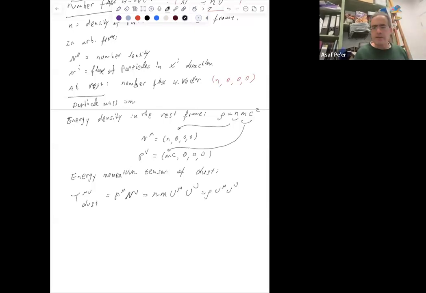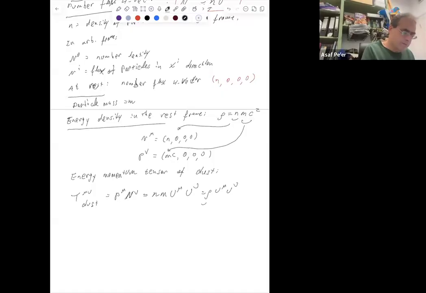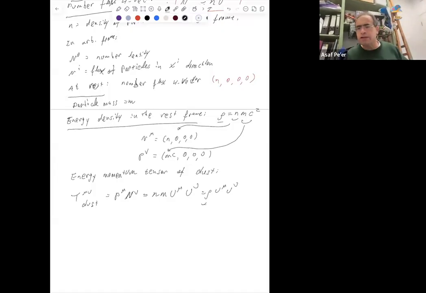Rho is the energy density in the rest frame. This enables me to generalize the quantification of dust to any frame, not necessarily a frame in which it is at rest.